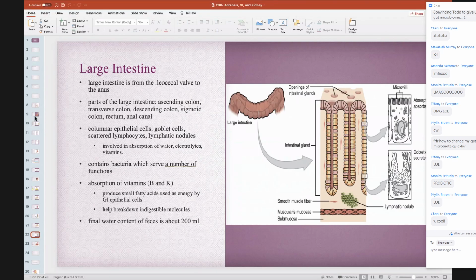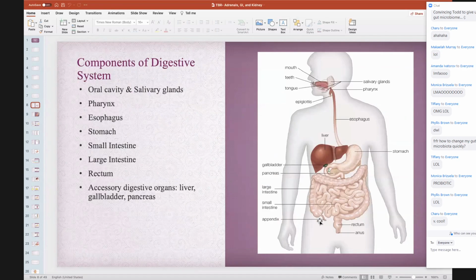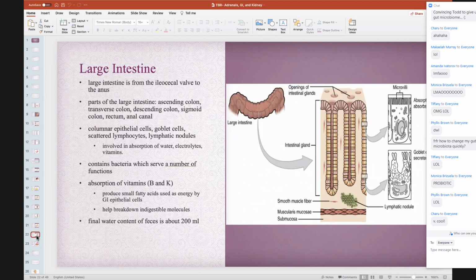So if we go back up to that little structure of the appendix, this little guy hanging off the large intestine right here, one of the hypothesized functions is that it's a little safe haven for your gut bacteria to hide in and be that little storage for when you do have an intense diarrhea and wipe out your gut microbiome.